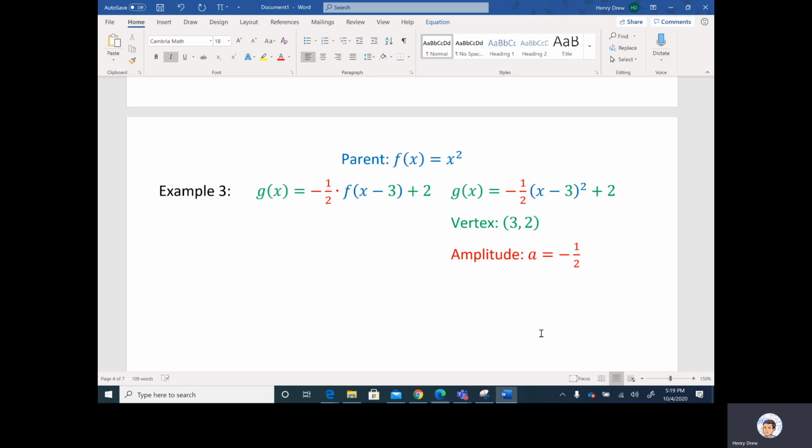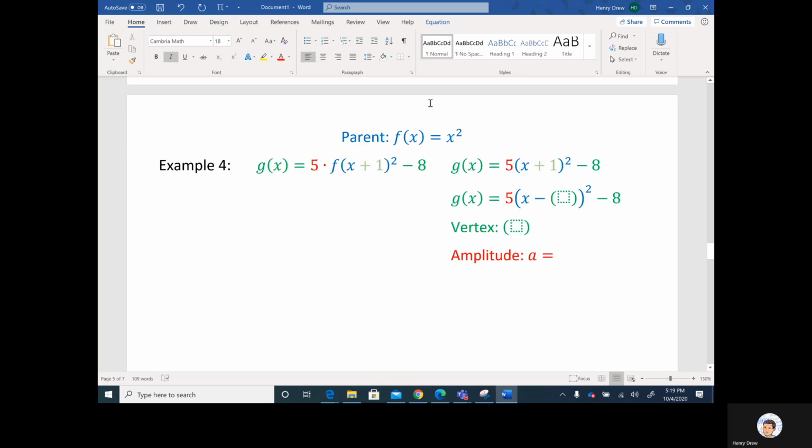A fourth example. An amplitude of +5. Inside the parentheses, we have x plus 1, and outside we have -8. When we bring that over into the specific example with the quadratic, there's a problem, and I don't know if you notice it right away, but remember the way we would want to talk about the transformations would be x minus h, and we have x plus 1.